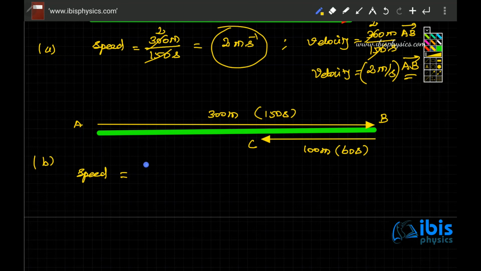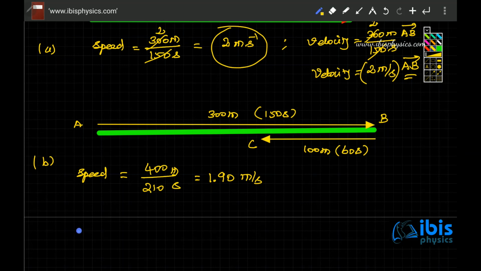Total distance is 300 plus 100, 400, by duration 150 plus another 60, 210 seconds. So 400 by 210 meters per second will be around 1.90 something. This is the average speed of the motion from A to C through B.